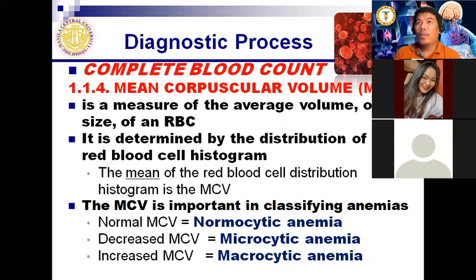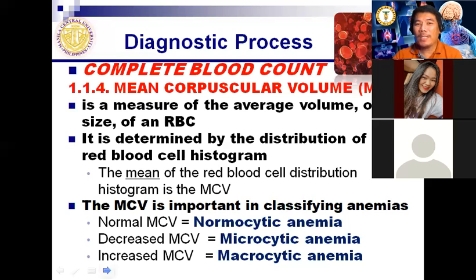Micro means small size, macro means large size, or exceeding the normal size. Normocytic is normal size. A normal mean corpuscular volume is normocytic anemia, a decreased mean corpuscular volume is microcytic anemia, and an increased mean corpuscular volume is macrocytic anemia.